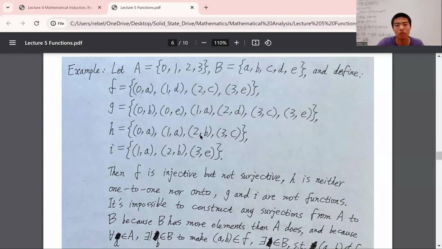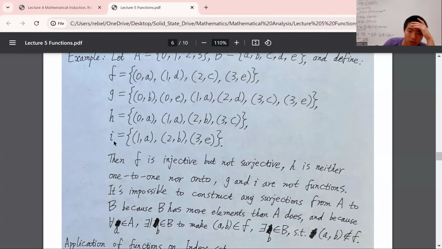Okay, so let's see an example. A equals the set 0, 1, 2, 3. B is A, B, C, D, E. 4 elements and 5 elements. So we define 4 functions here. First, we can observe that G and I are not functions. G is not a function because there's one element in the domain related to 2 different elements: 0 goes to B, 0 goes to E, 3 goes to C, 3 goes to E, which violates the definition of function.